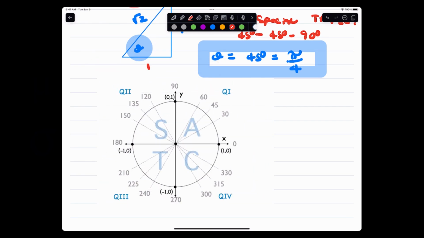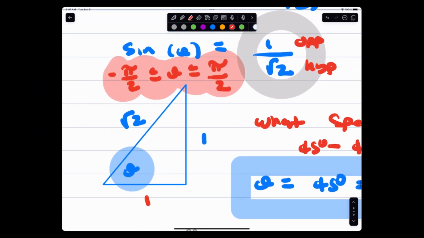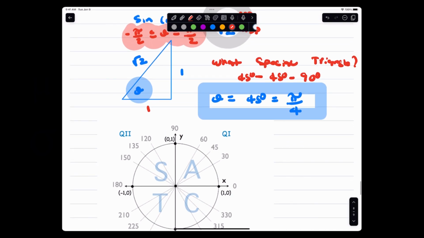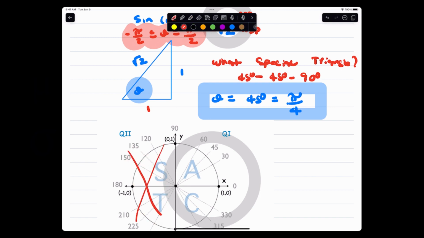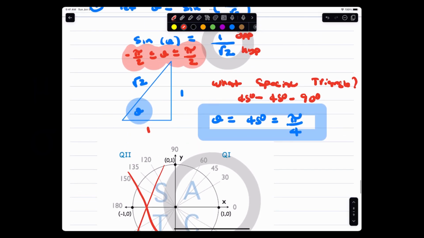These angles, negative pi over 2 to positive pi over 2, is essentially quadrant what? It's these quadrants here: quadrant 1 and quadrant 4. You're throwing out quadrant 2 and quadrant 3. Those are gone. So the angle is pi over 4. Is that right?